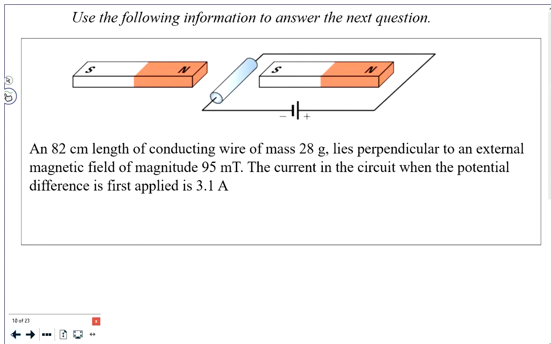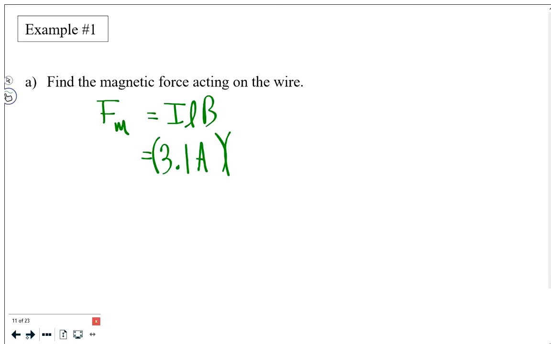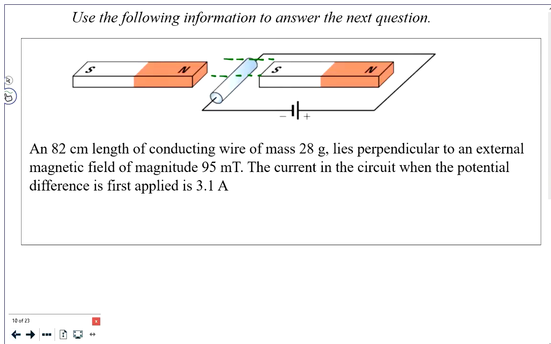So the implication is that the distance that's actually in the magnetic field is 82 centimeters. It doesn't matter how much it extends beyond it. We're told 82 centimeters is perpendicular to that magnetic field. So L is 0.82 meters, and then we have to multiply by the magnetic field, and the magnetic field is 95 millitesla.